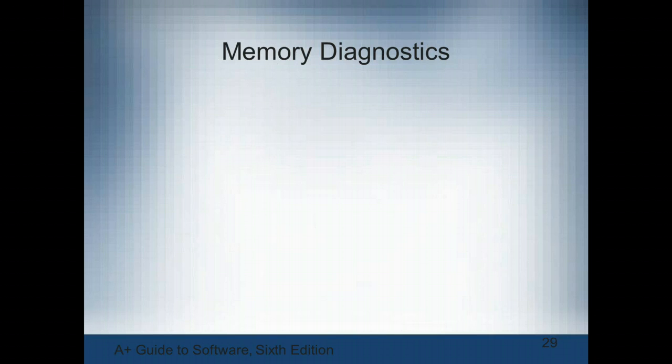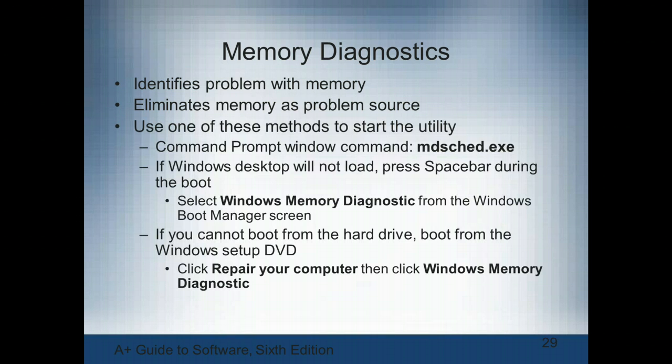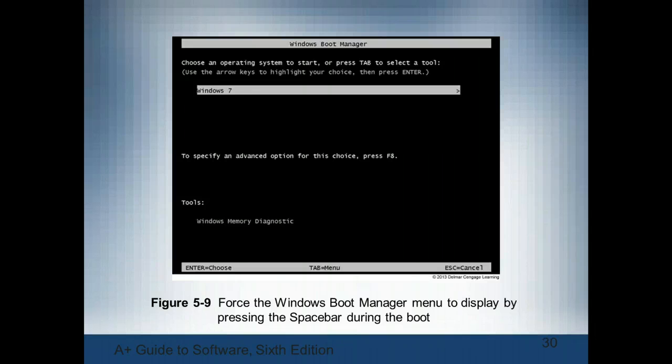I guess we're going to beat these to death. Memory diagnostics, memory problems. There is a Windows memory diagnostic test that you can run from the boot manager. There's also a command line, and there is a lab for the command line to run it, to check the Windows memory. It will go through and run an actual memory diagnostic on your memory to see if that's the issue.